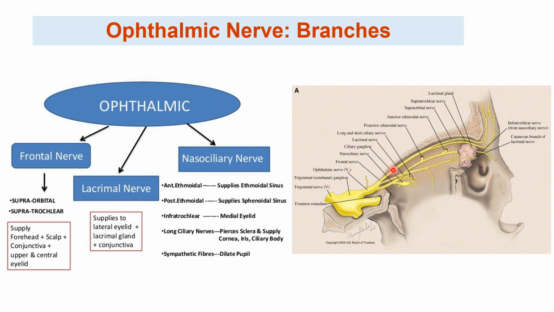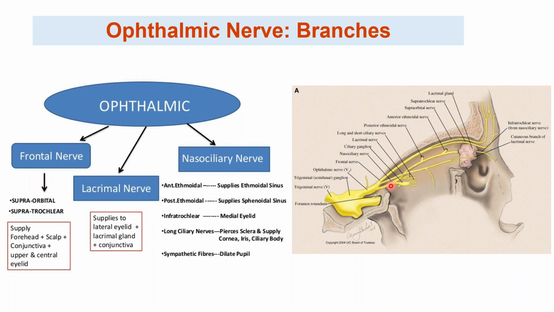The frontal nerve divides into the supraorbital and the supratrochlear branches, which will come out from the supraorbital foramen. They are going to come out to the forehead and supply the forehead, scalp, conjunctiva, and the upper and central eyelid area. The second nerve is the lacrimal nerve. The lacrimal nerve is going to supply the lateral eyelid area, the lacrimal gland, as well as the conjunctiva.